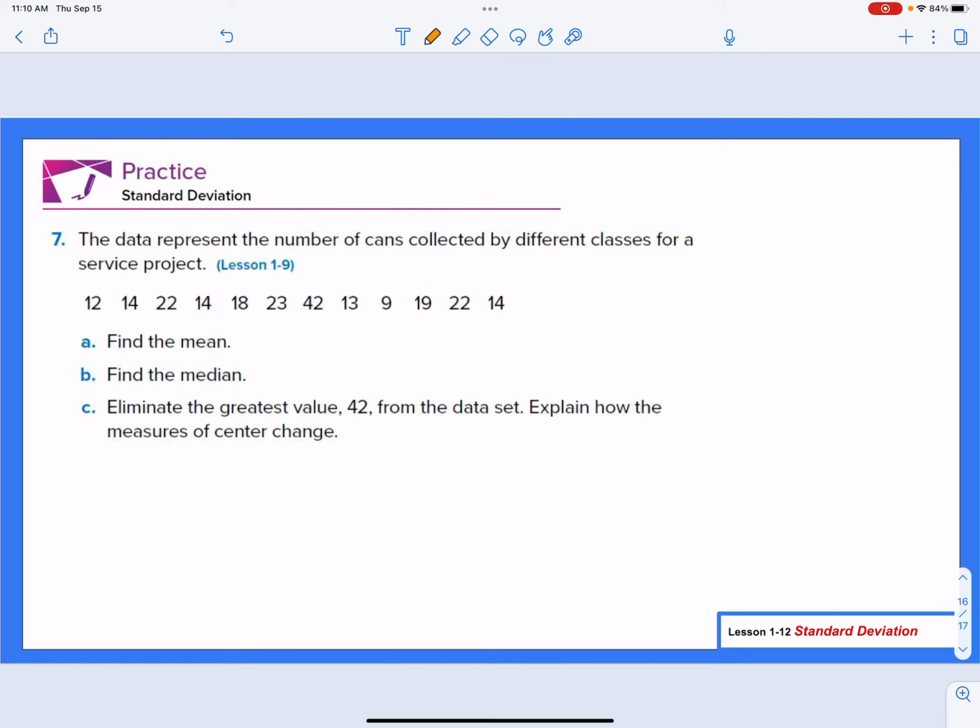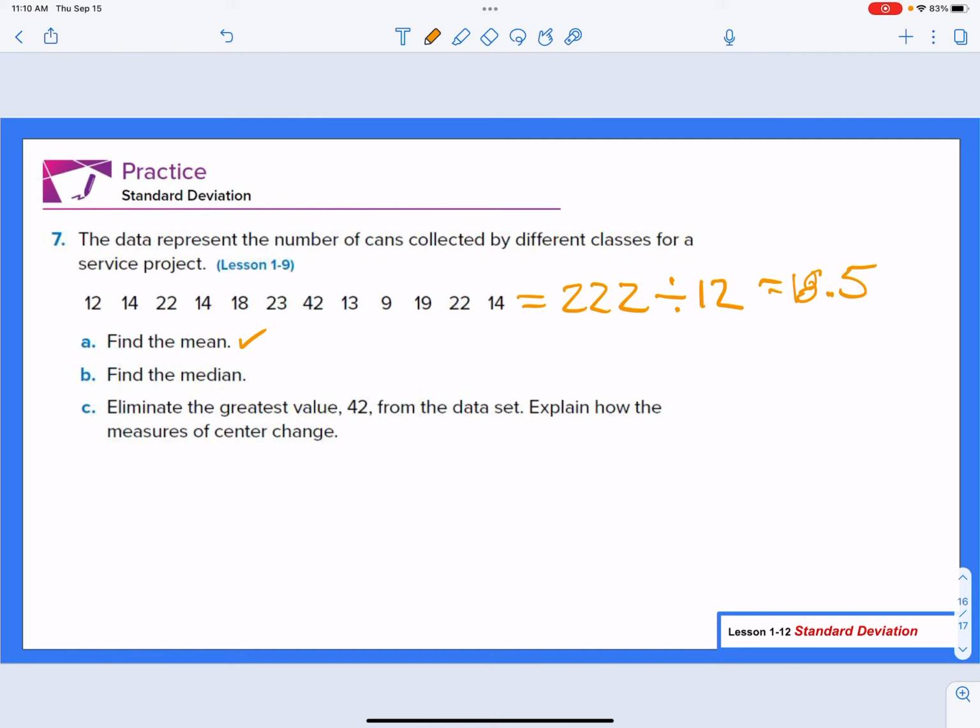And number 7, the data represent the number of cans collected by different classes for a service project. Find the mean. To find the mean, we're going to add all those up. When we add them all up, we find out that we have 222. We divide that by 12, and we're going to end up with a mean of 18.5.